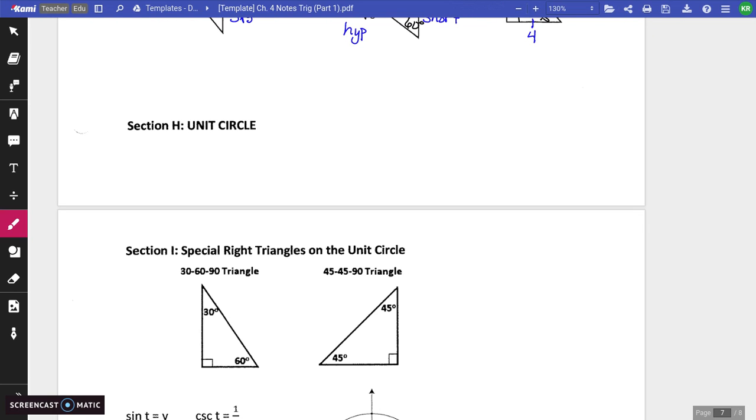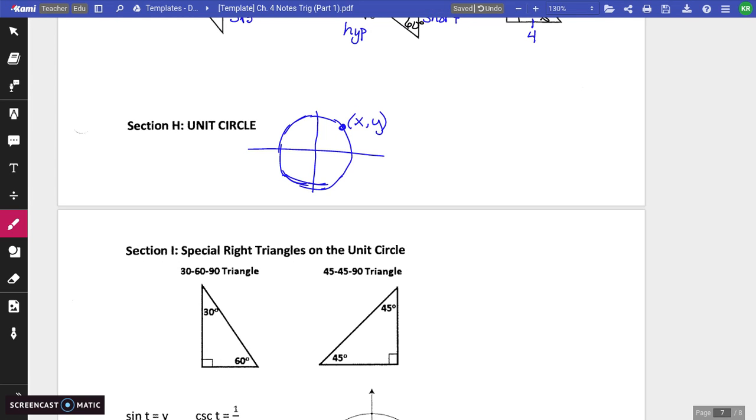So a couple of things I just want to remind you about your unit circle. So you have your unit circle, and then you have a point on that unit circle. That coordinate is x, y.